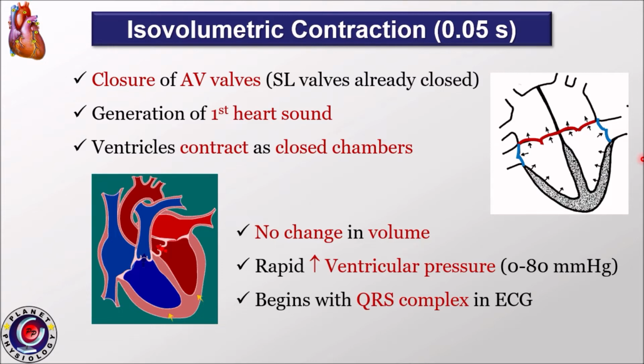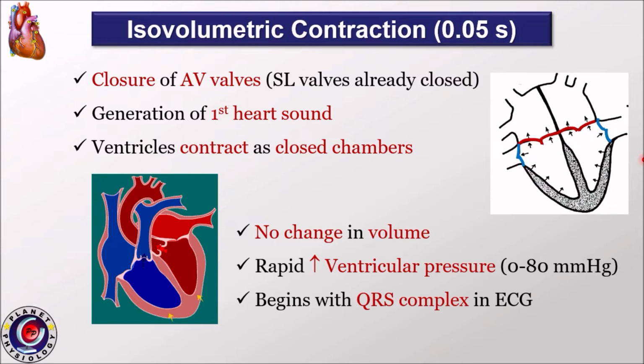The ventricular muscle fiber length also does not change during this phase of contraction, and therefore it is also called isometric contraction. Combine both terms together and we get isovolumetric contraction. So during this phase, ventricular muscle fiber length as well as ventricular blood volume remains constant.